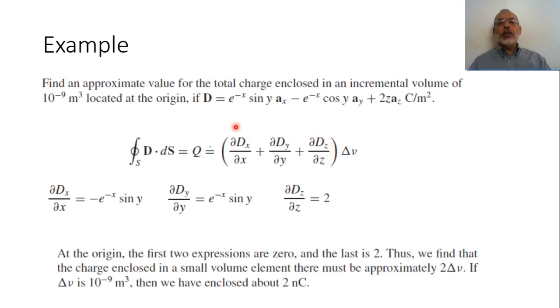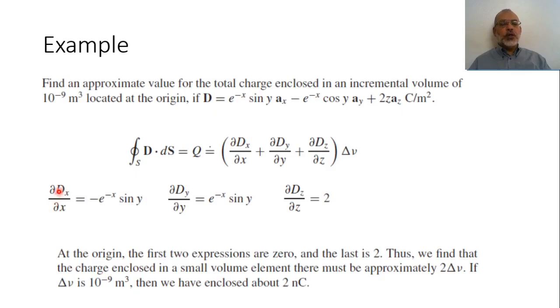Okay? Nabla dot D, or the divergence of D, is the derivative of Dx with respect to x plus the derivative of Dy with respect to y plus the derivative of Dz with respect to z. So we are going to differentiate the Dx component with respect to x. Here sin y is constant with respect to x, so if I differentiate e to the power minus x, it would be minus e to the power minus x.